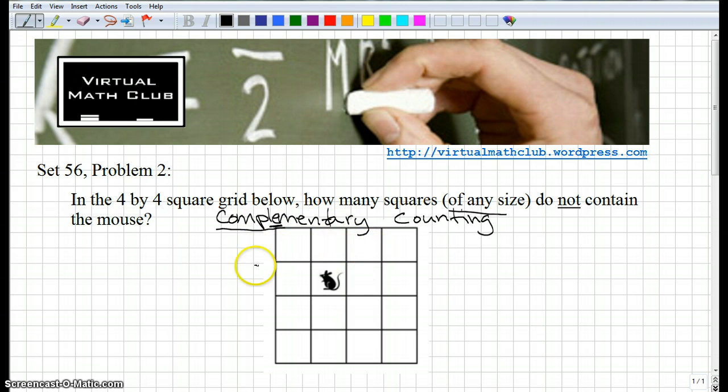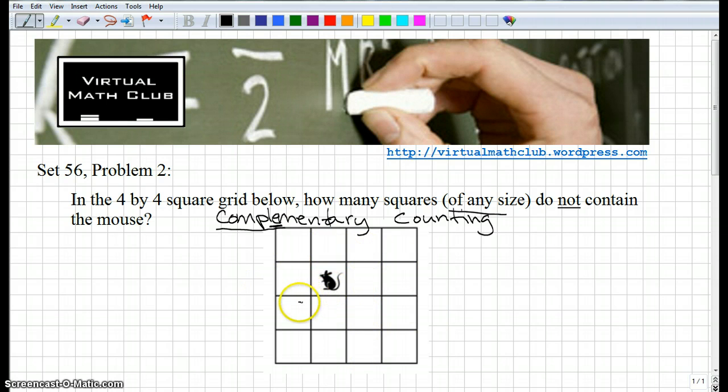All right, and in this case, there are squares that contain the mouse, and there are squares that do not contain the mouse. And if you add those two things up, you will get the total number of squares of any size in this diagram.